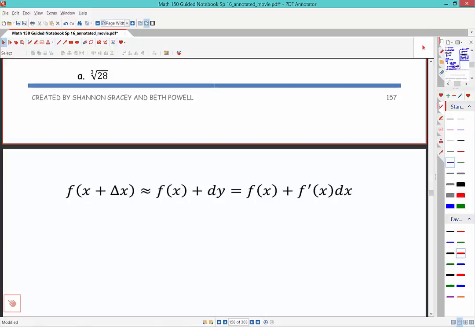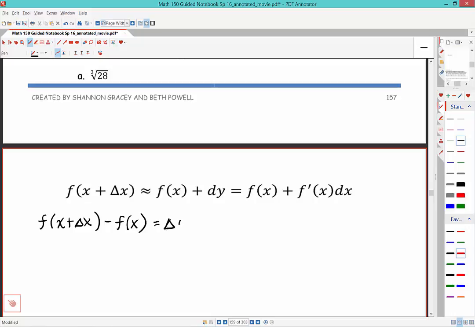So let's just clean this one up a little bit, so that you know what you're working with. Basically, remember that f at x plus delta x minus f at x is exactly equal to the actual change in y, right? But we can approximate this with dy.